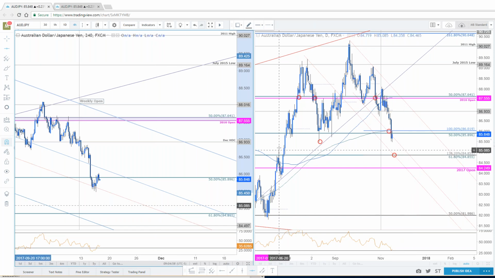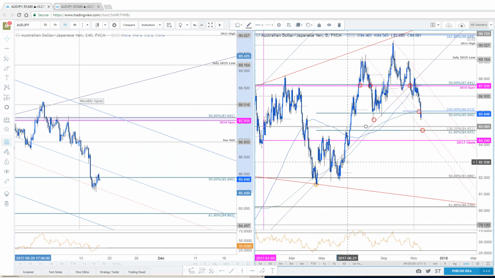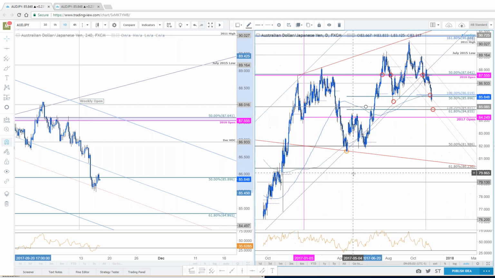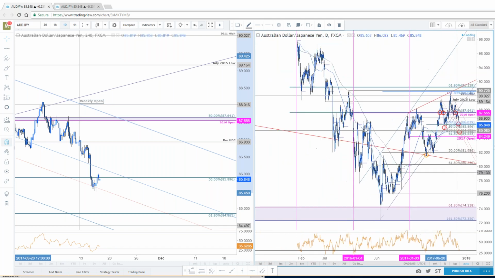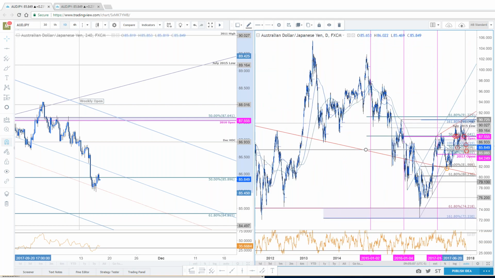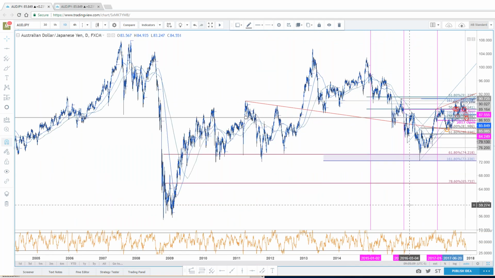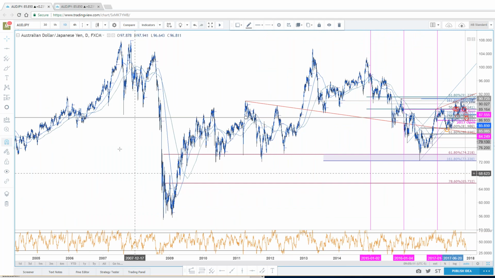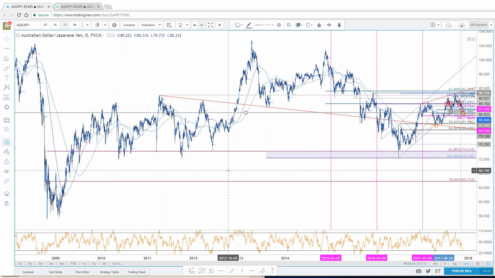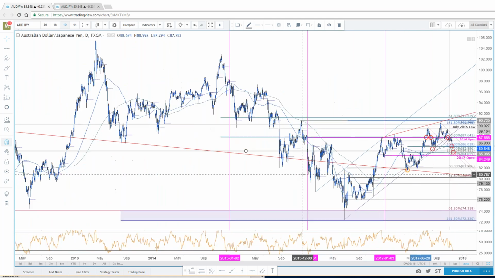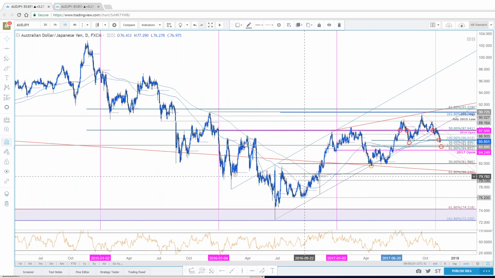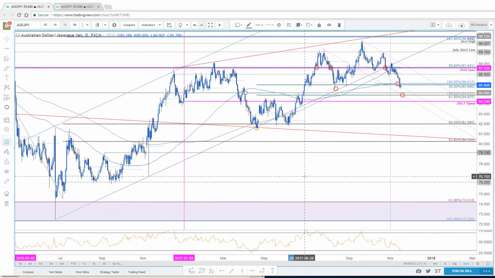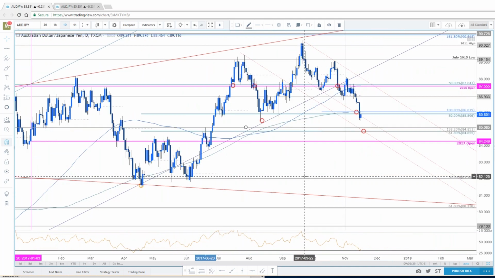Okay, so you think you're looking at the swing high that we made back here in June? Could be a level to pay attention to, Pooja.